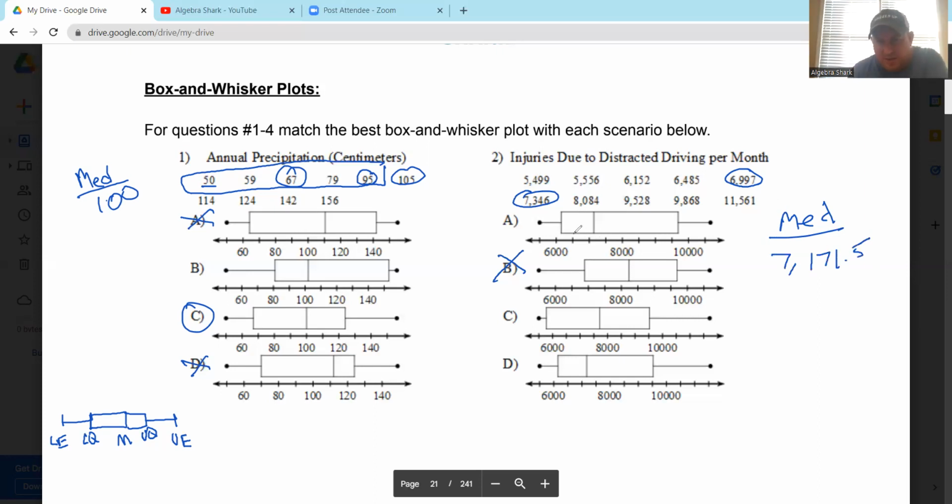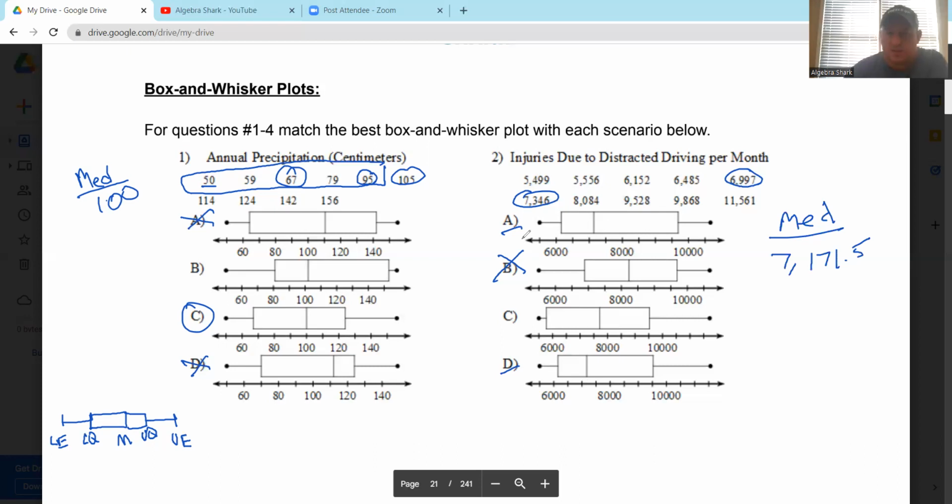If each line's about 250, right? Where would that be? So it's not 250. Each line would be 500, right? 6,500, 7,000. A's looking pretty good there. So I'd say between A and D right now, they're both looking pretty good.